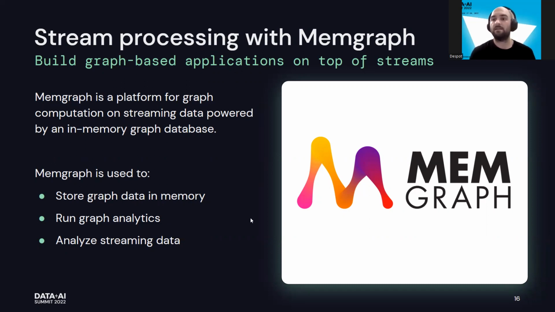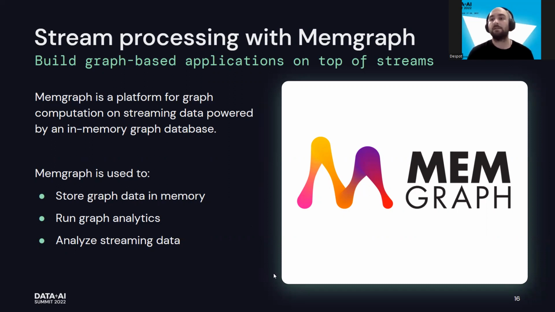It's a graph database, but most of the use cases where Memgraph is used include real-time data sources, and it's very important that the results come in as fast as possible, which means that an in-memory architecture is very beneficial.